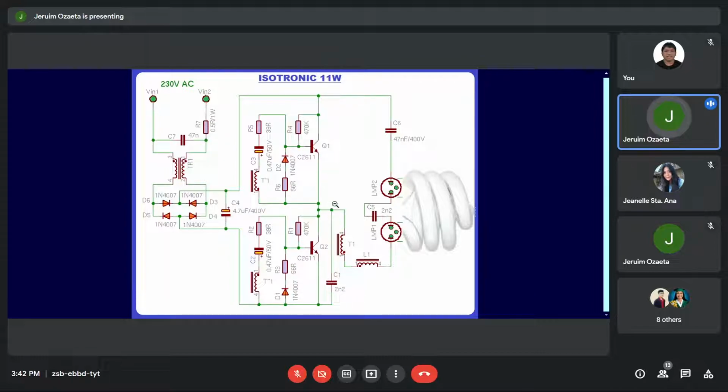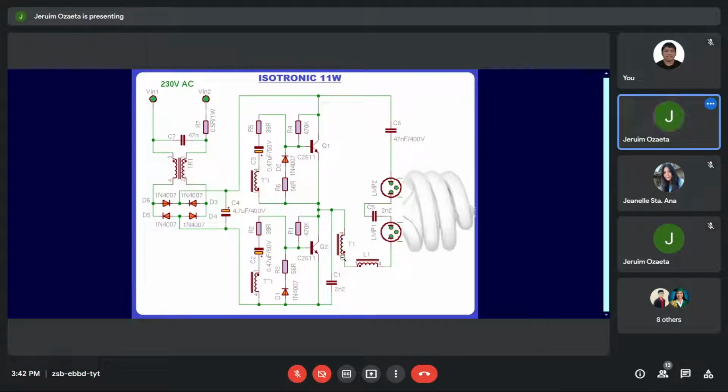Take note at only Q2, at the collector emitter of the Q2, there appears a capacitor C1 which is in series with this transformer 1, okay, T1 or coil 1 and inductor 1, and goes to the lamp.